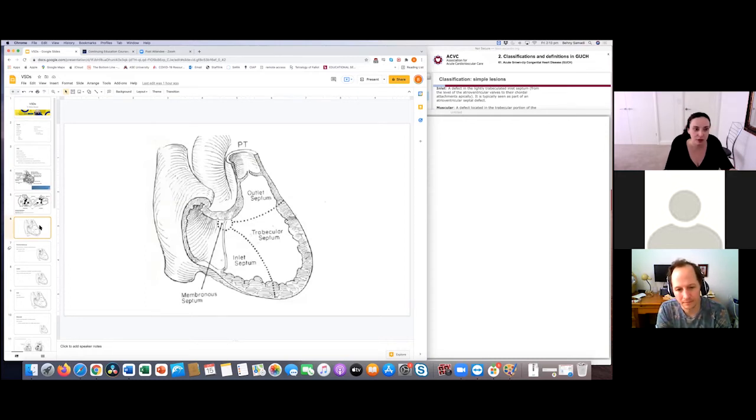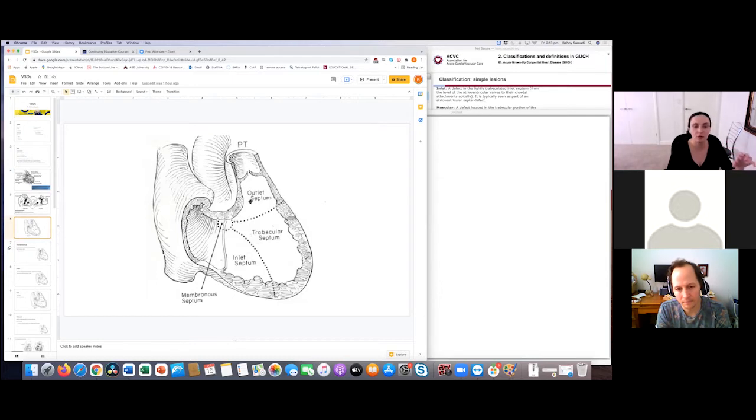So you're looking at the right ventricle, like the right ventricle has been cut open. Your right atrium's here, your tricuspid valve sits about there. Your IVC's here, SVC's there, have your pulmonary artery here. And this is the outlet, the right ventricular outflow tract, just like there's a left ventricular outflow tract.